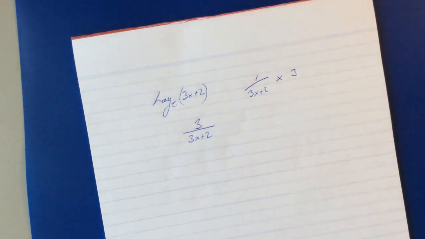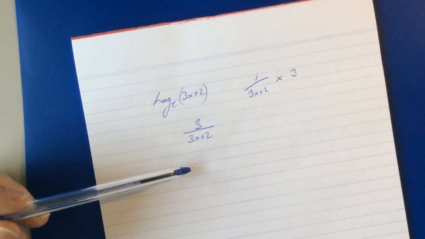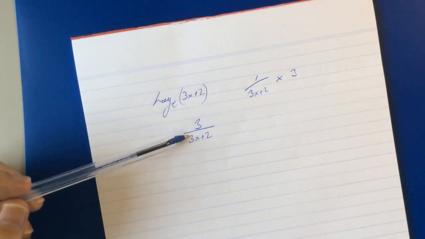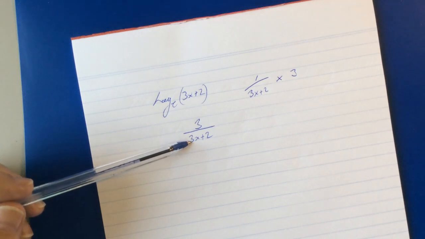Now, those of you who've had experience with anti-differentiation will notice that, in the past, no doubt, you will have been given problems that look like this, and you've been asked to integrate them.